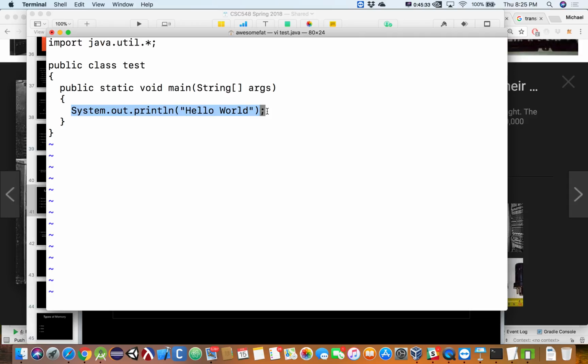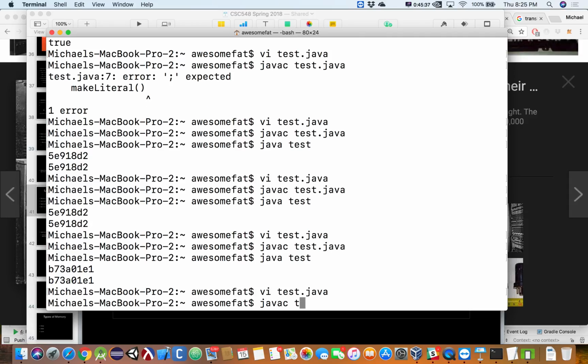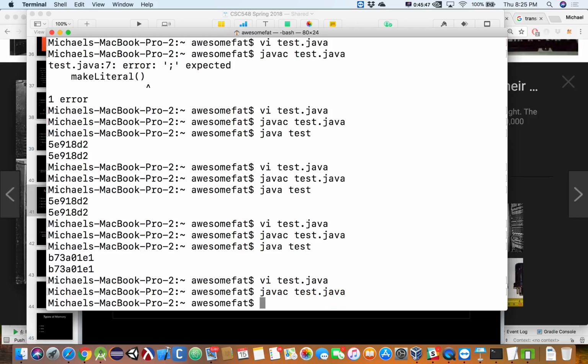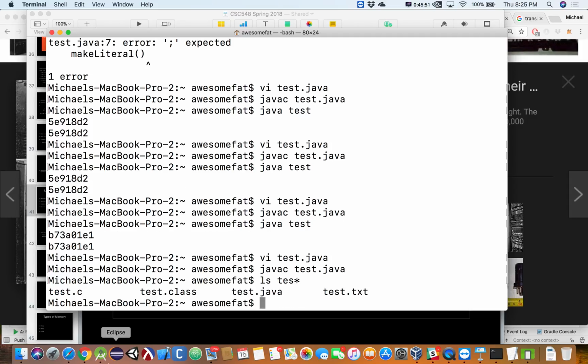Ultimately, when I say javac test.java, I'm running this source code through the Java compiler. And it's going to turn that into a class file, Test.class. That is called Java bytecode. It's assembly.